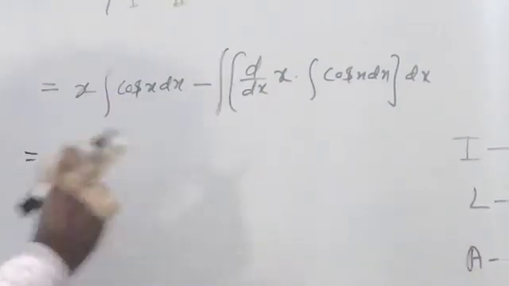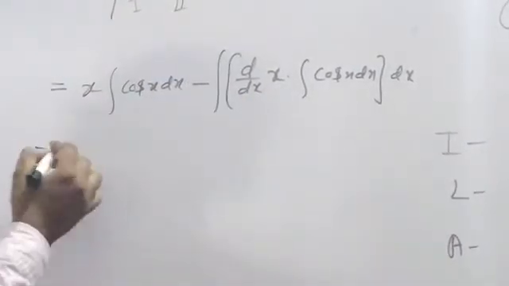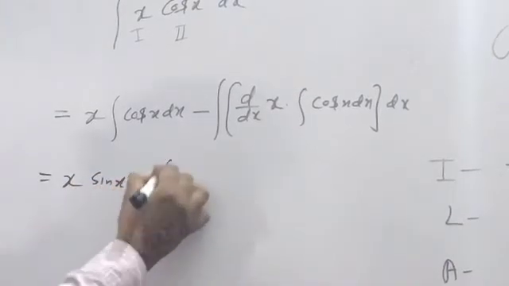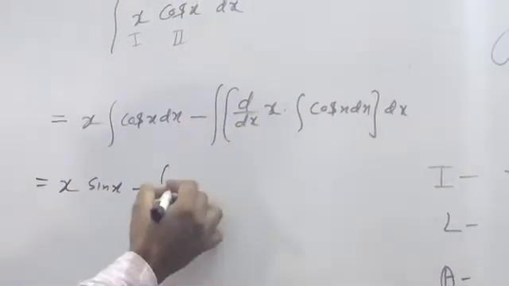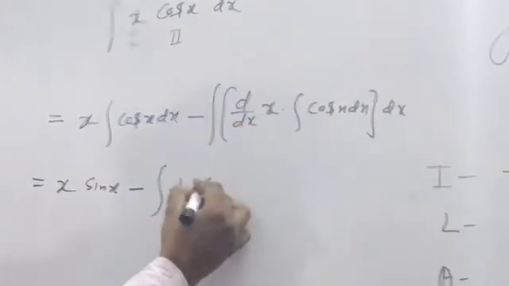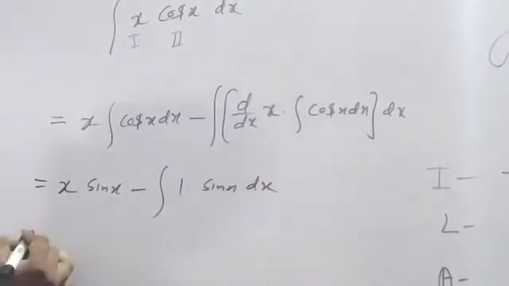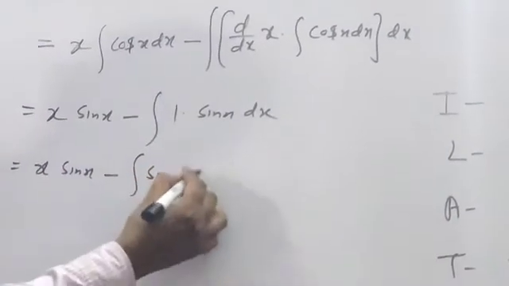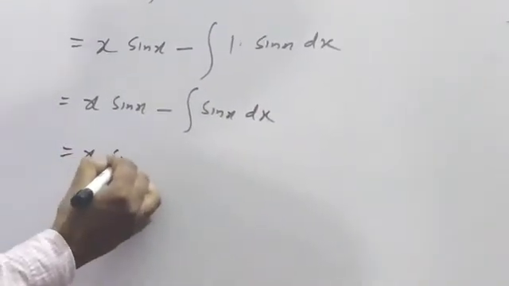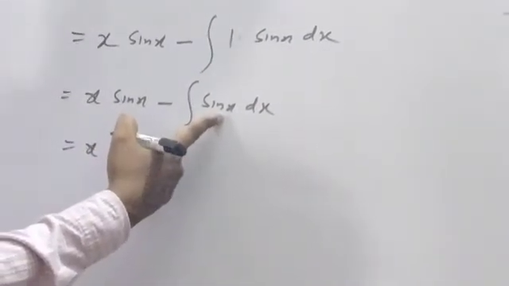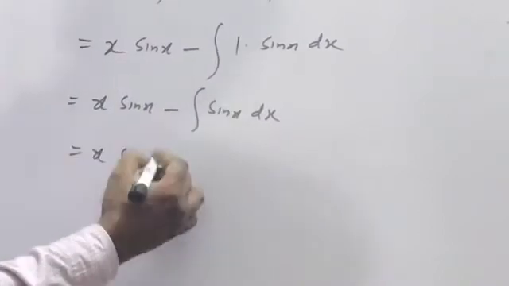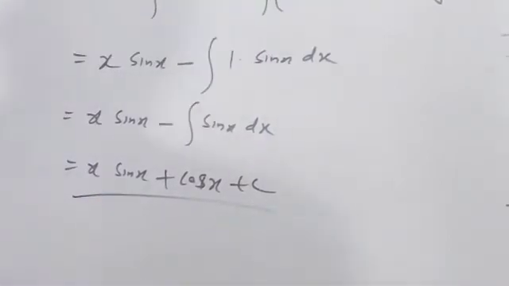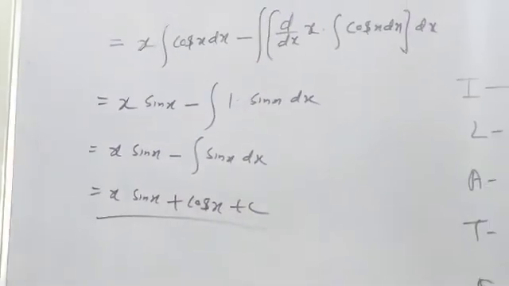After that, I am going to write the integration of all the given functions. x into integration of cos means sin x, minus differentiation of x is only one, integration of cos means only sin x, and dx. x into sin x minus sin x dx. And integration of sin is equal to what? Minus cos x. Already minus here, then cos x plus c. Now this is the integration of x into cos x dx.